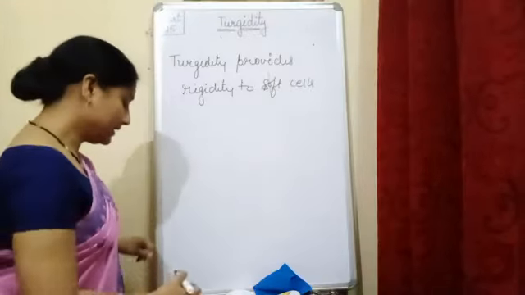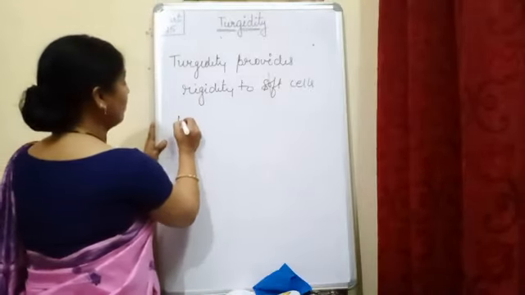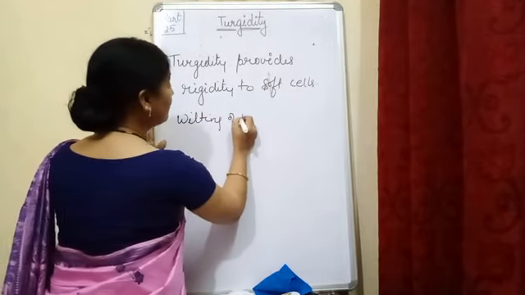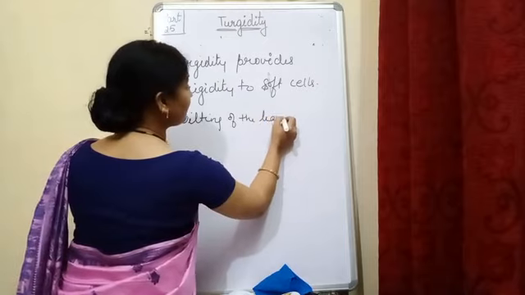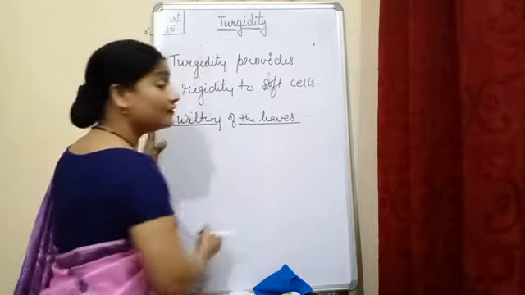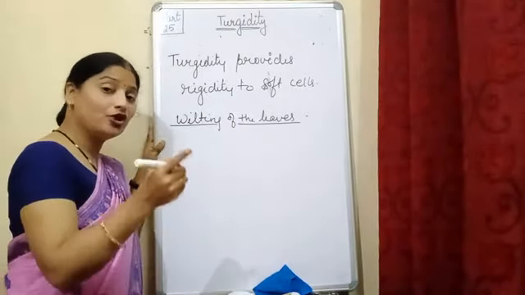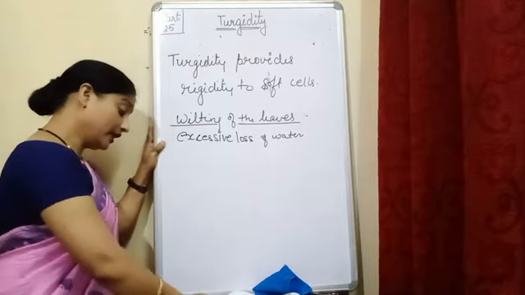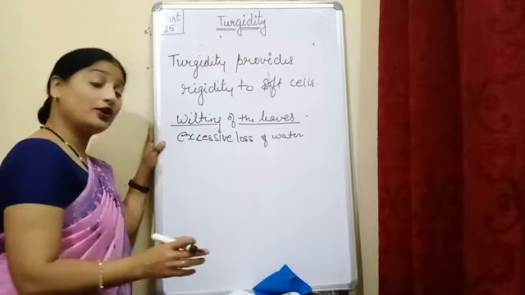See, next, it is also responsible for wilting of the leaves. Now see, what is the meaning of wilting? The meaning of wilting is excessive loss of water. Now see, during the afternoon, what happens?